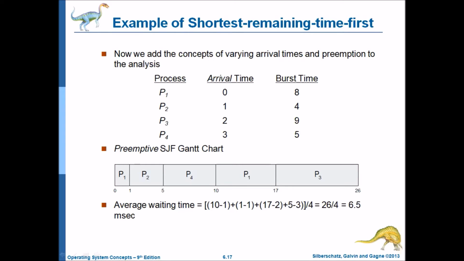So in this case, for the preemptive version, we have better results compared to the shortest job first non-preemptive version, which has an average waiting time of about 7 milliseconds.